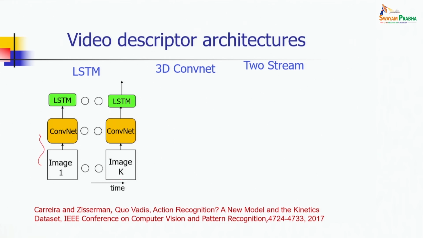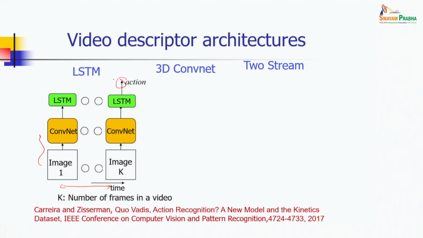This K is basically the length of the video that you have taken, a GOP if I say. So K frames are taken from the whole video, each one with an LSTM. Finally, in this case, it is taking the descriptor at the last LSTM in the progression of time.